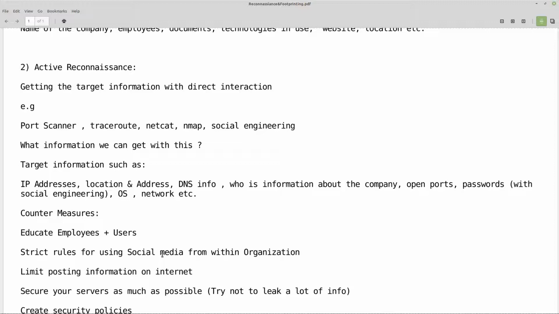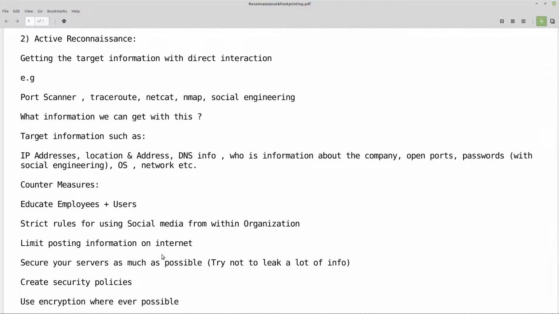Of course, I can just call this guy, make him my friend and ask him what kind of passwords you guys are using. Maybe over a drink or a good meal, he can just leak his password. Then what kind of operating system the company is using, and what kind of network and network equipment these guys are using. So this is the information you can get from active and passive reconnaissance.